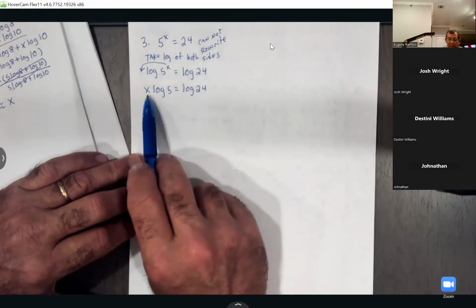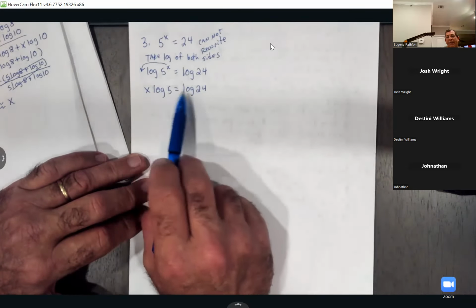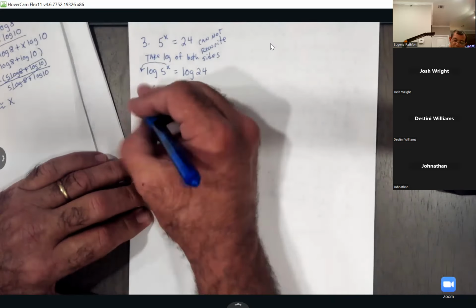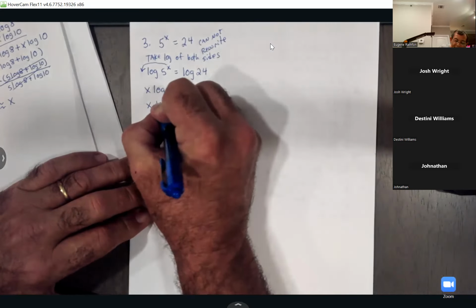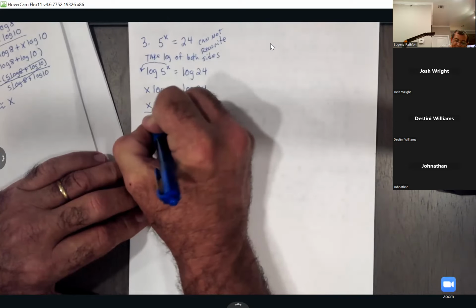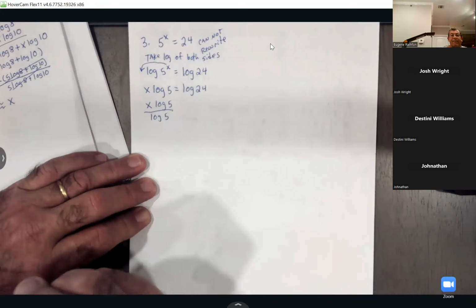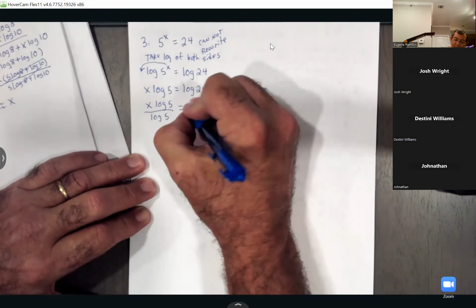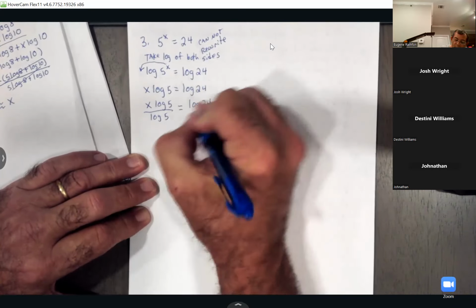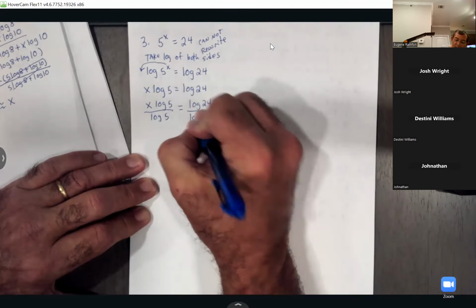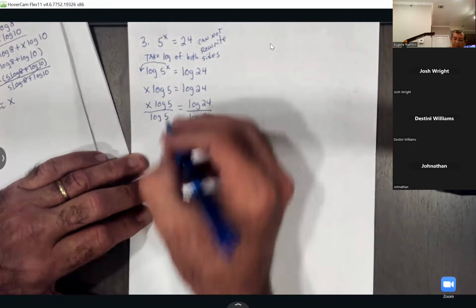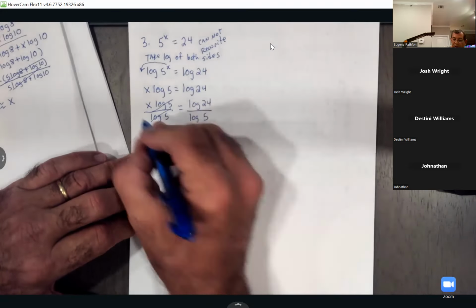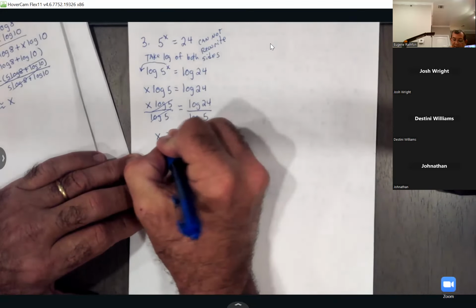So y'all watch this. I got an x times log 5 equals log 24. So I'm going to come in and divide both sides by the log 5. That's going to equal my log 24 divided by my log 5. So y'all, the logs cancel out over here. We got our x.